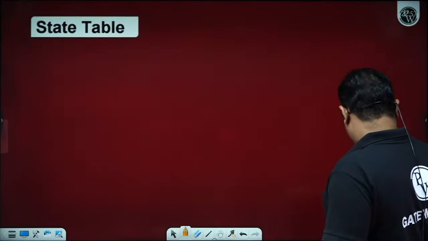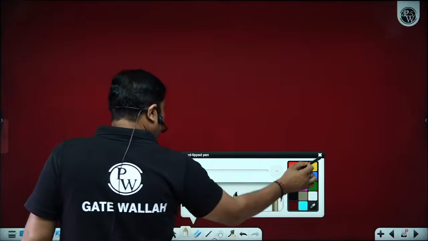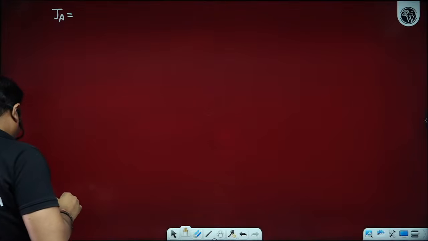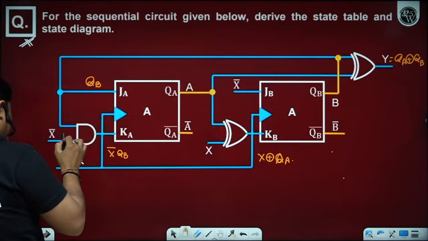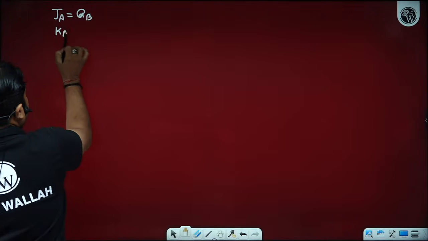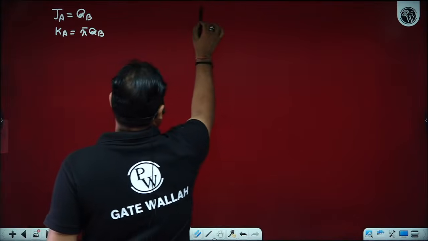Now please observe here. I'm using a state table first. So we have JA in a JK flip-flop. We have JA as QB, and KA as X bar QB. Yes, sir.